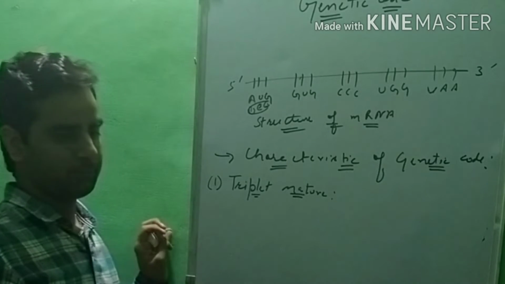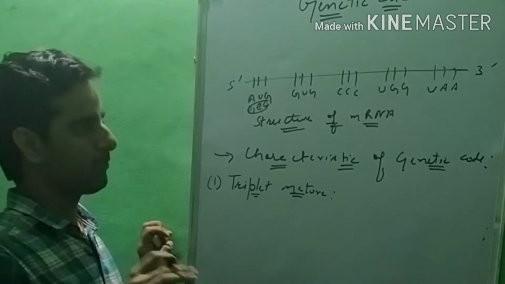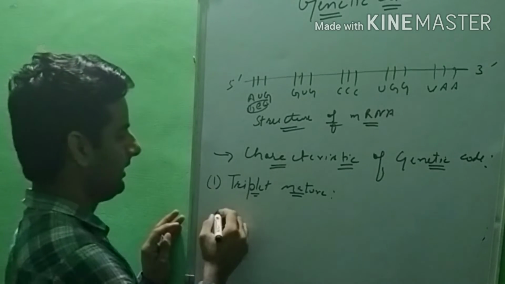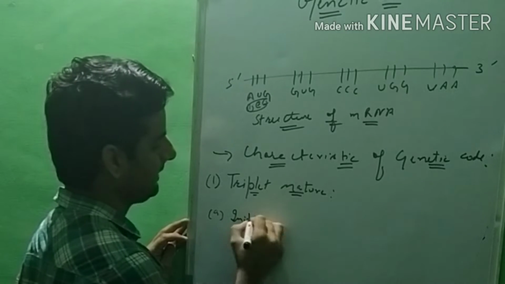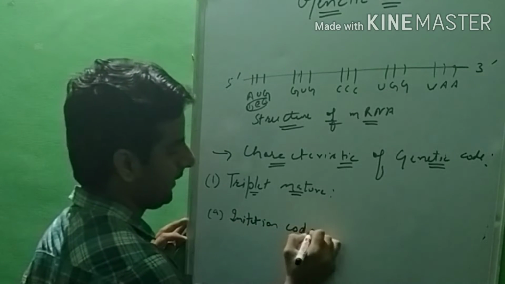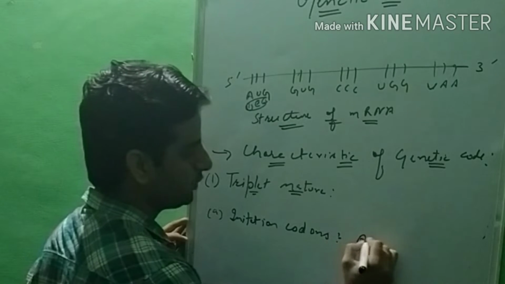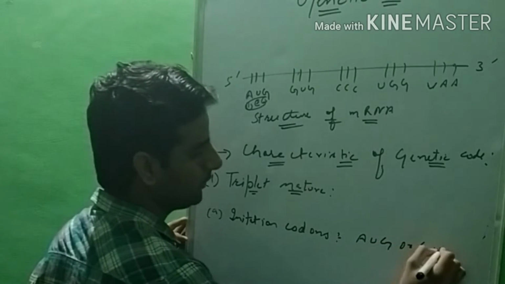There are some codons that initiate the protein synthesis, and they are called initiation codons. They may be AUG or GUG.